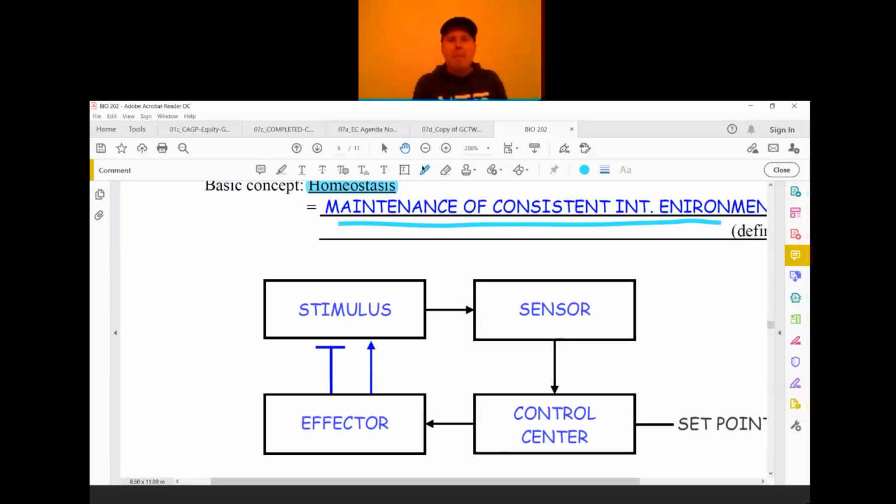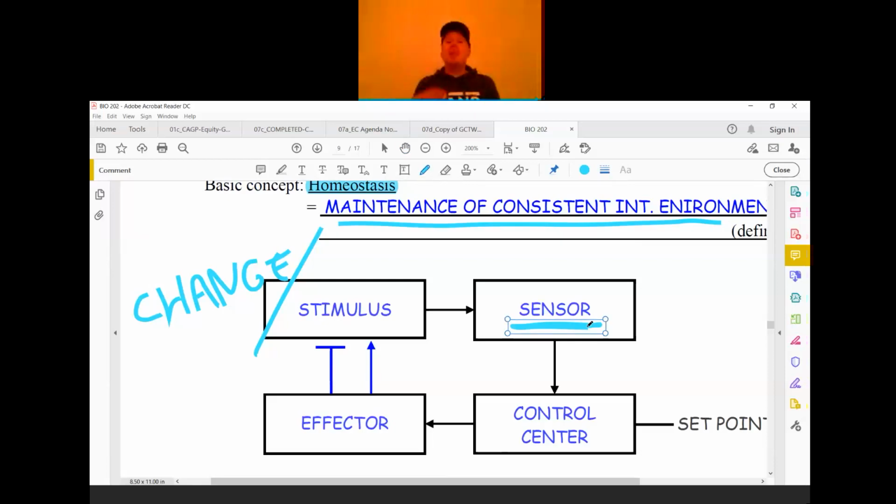So remember, the body is always looking for a change of some kind. This change is what we consider the stimulus, something that triggers this homeostatic mechanism loop to be initiated. This change is detected by a sensor of some kind.